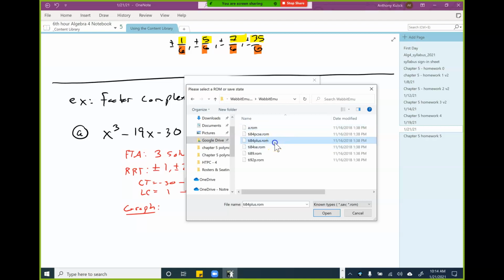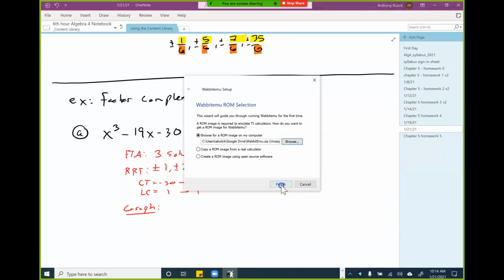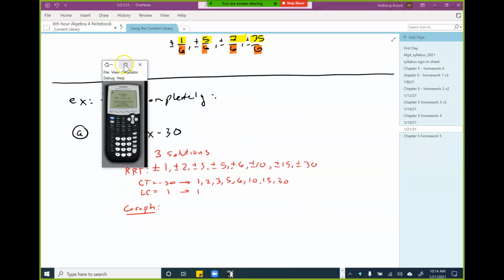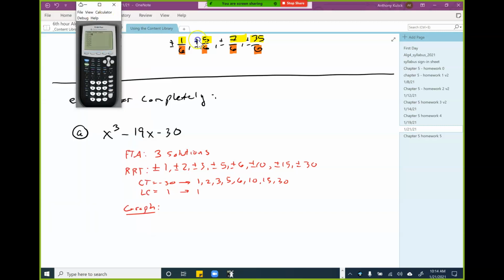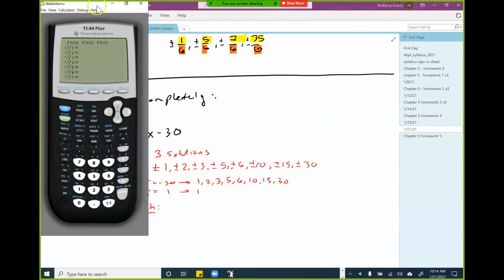Next, I want to graph this, but I only care about the x-intercepts that are on that list of possible rational roots that I wrote down. So what's the smallest value from that list? The 1? Well, be careful because they're plus or minus.